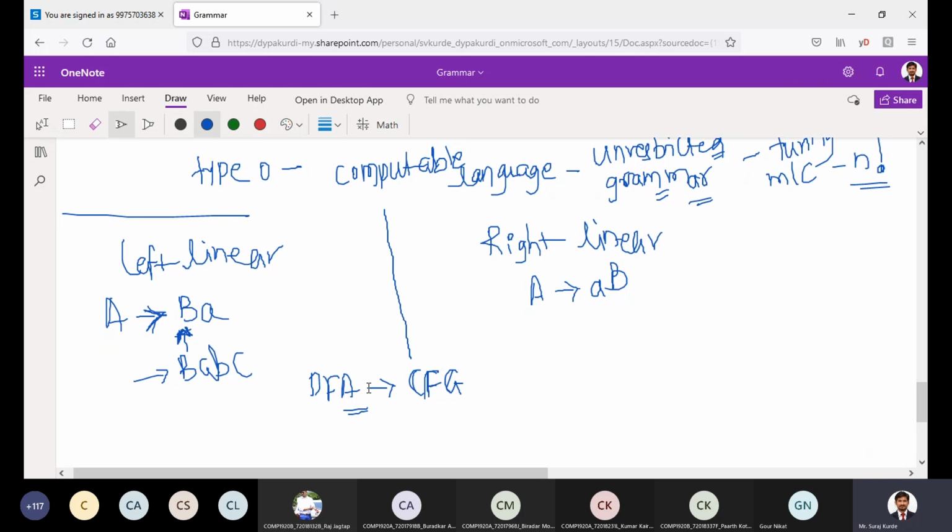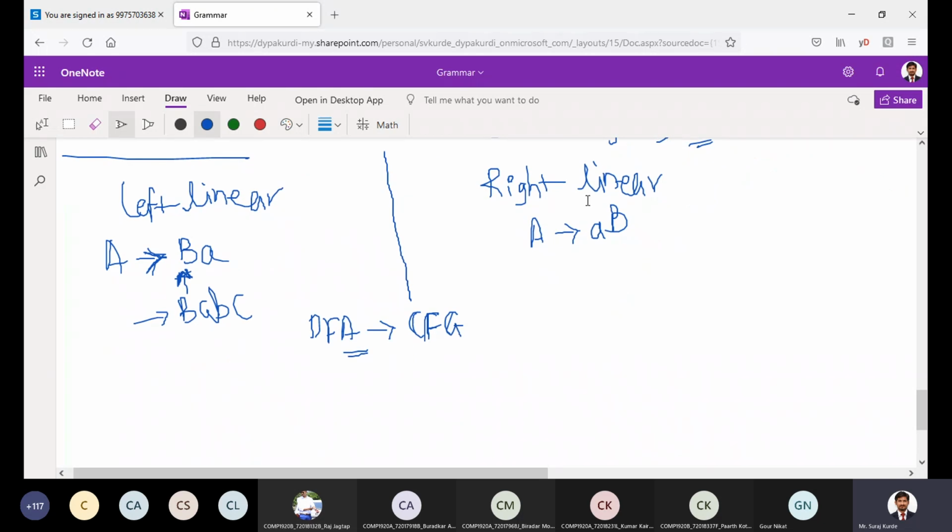While converting DFA to CFG, we use left linear or right linear grammar. There are some rules for conversion.